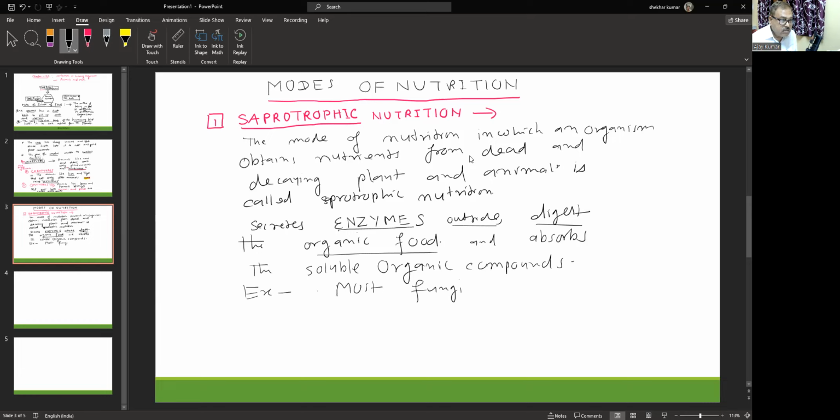Some bacteria are saprotrophs. Good. So this is one of the important modes of nutrition. Saprotrophic nutrition is the first kind.